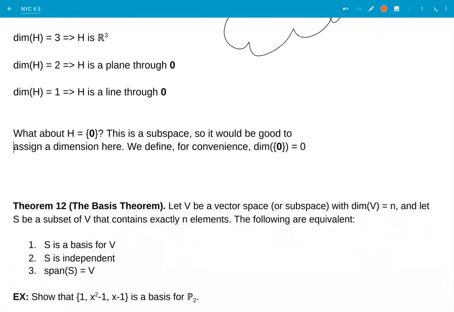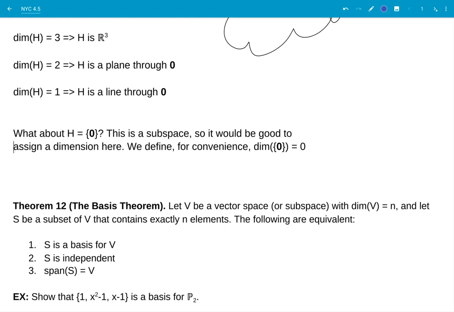Okay, moving on. Pause and copy this Theorem 12 an example. So what we're saying here is we can save ourselves some trouble. If we want to show that something is a basis, and for some reason we have some information about the dimension of the space in question, we only have to do one verification rather than two.